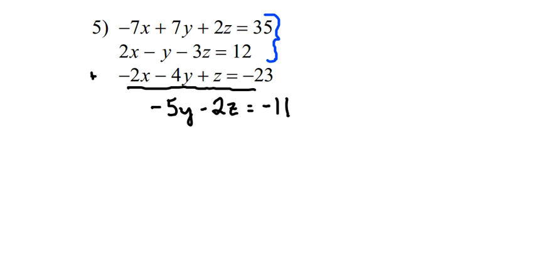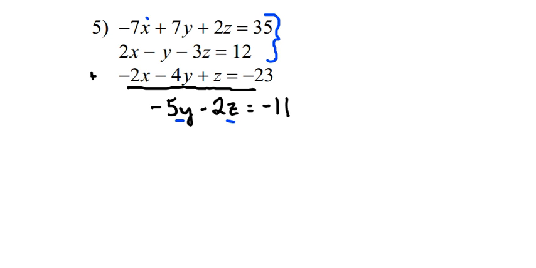We need two variables, and those variables we've decided are going to be y and z. Side note, I think it would be easier to eliminate the z's. You would multiply by smaller numbers, but you can do it both ways.